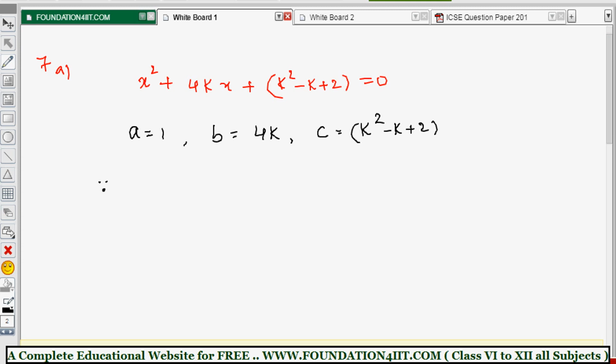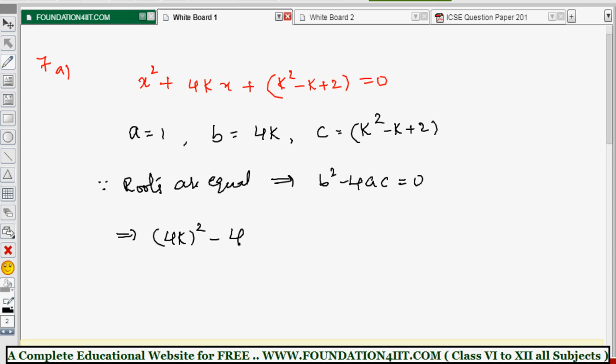So since roots are equal, that implies b² − 4ac is equal to 0. So we'll apply and find out the value of k. That is b²: (4k)² minus 4 into a is 1 and c is k² − k + 2, equal to 0.